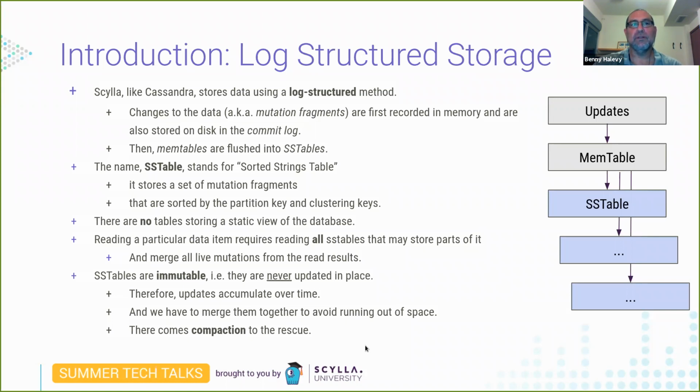These buffers that are called memtables are flushed into SSTables. The name SSTable stands for sorted strings table, and it stores a set of mutation fragments that are sorted by their partition key and clustering keys.